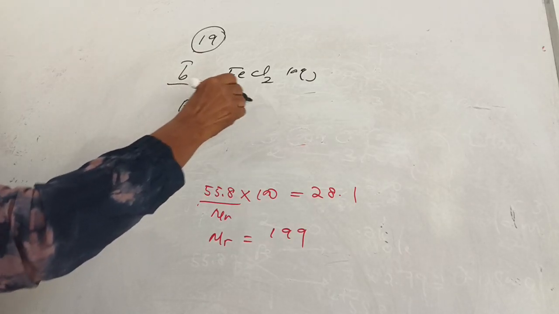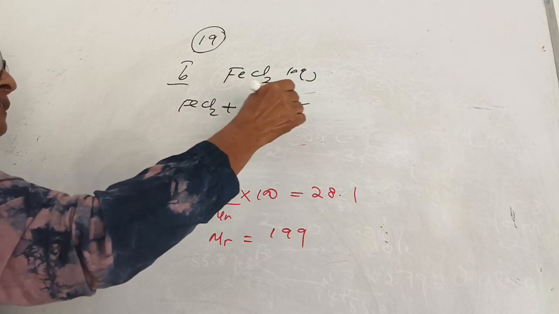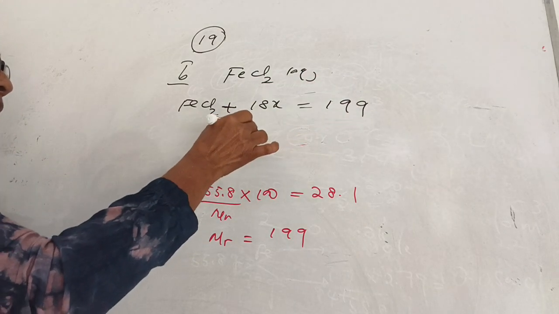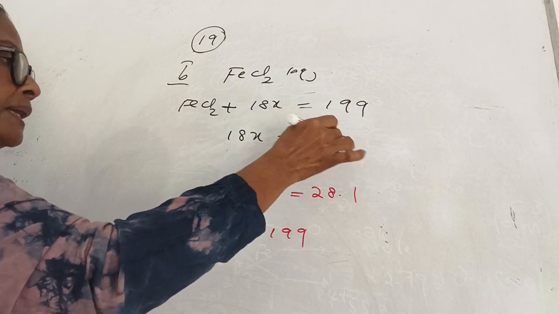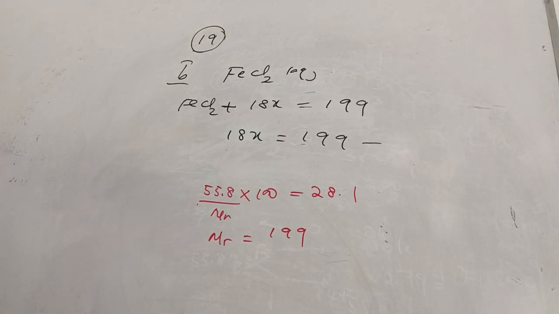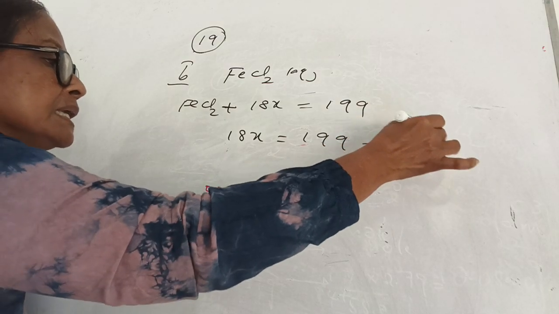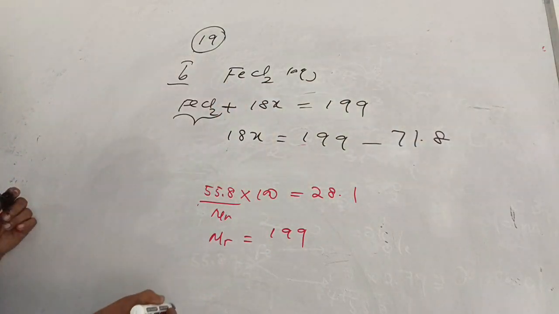FeCl2 plus 18X equals 199. Therefore, 18X equals 199 minus the molar mass, which is 55.8 plus 71.8, the mass of FeCl2.